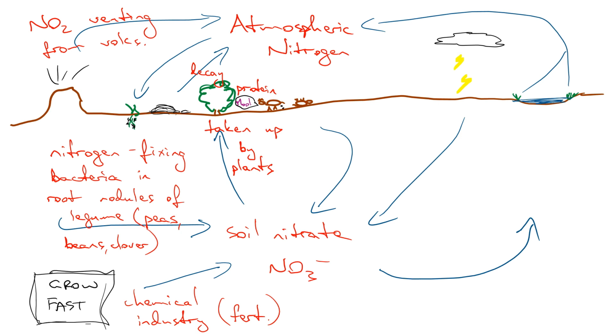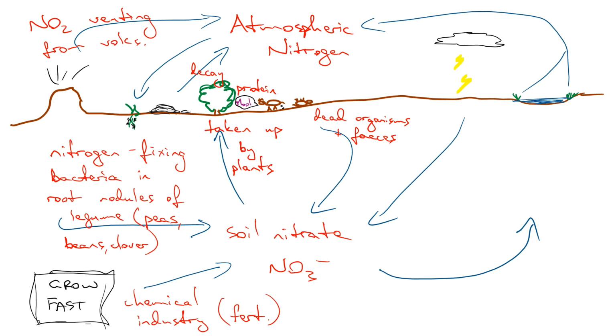Just to the right of the happy little cow, there's a dead cow. So dead organisms, and also the waste, the feces from the cow on the left, put nitrogen back into the soil again.